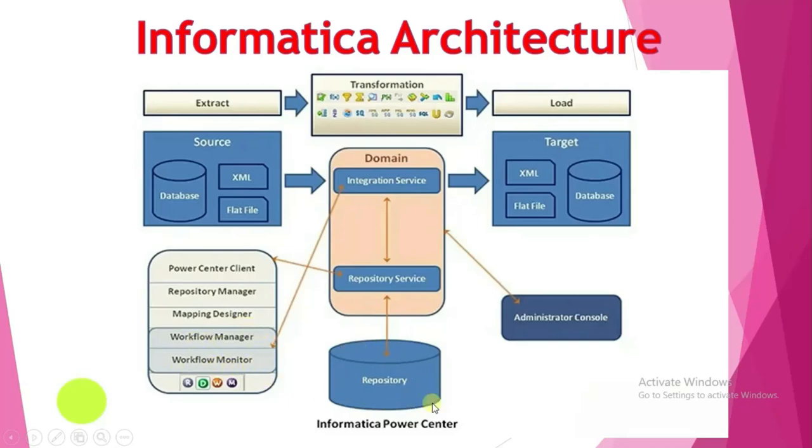The repository is the place in which we can store the data. This is all about the Informatica architecture diagram. You must understand this before working in the Informatica tool; only if you understand it properly will you be able to work properly in Informatica.